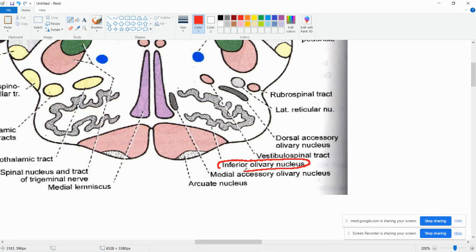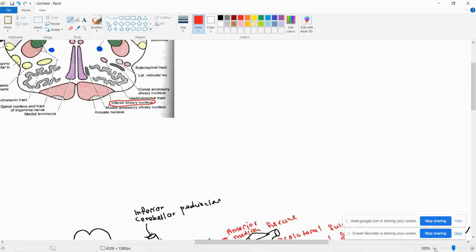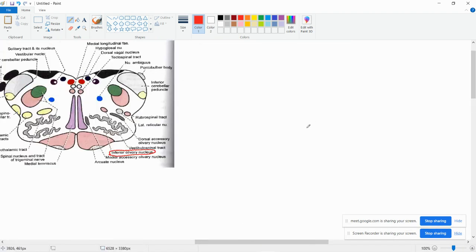This is a very important nuclei because it consists of fibers that bring information towards the cerebellum. That is the inferior olivary nucleus.